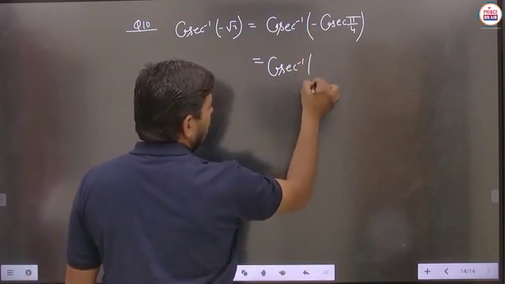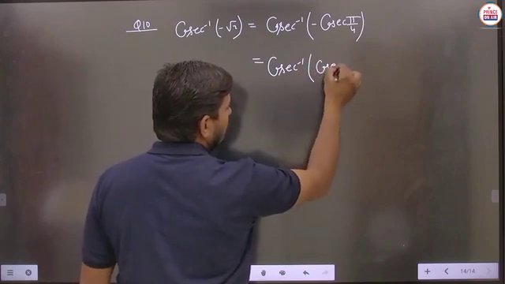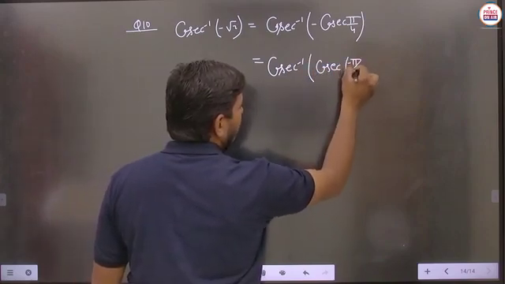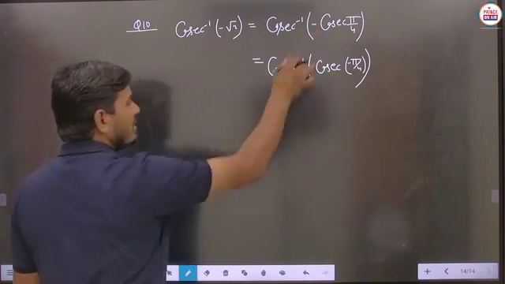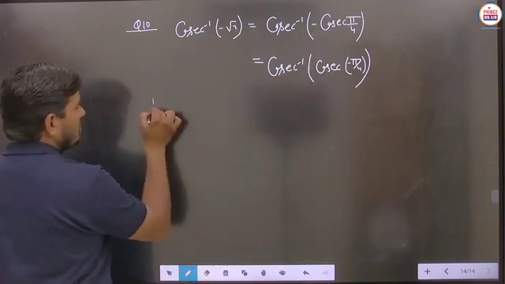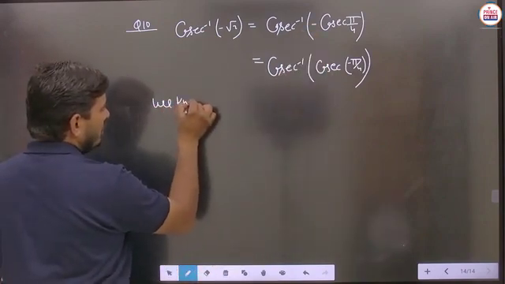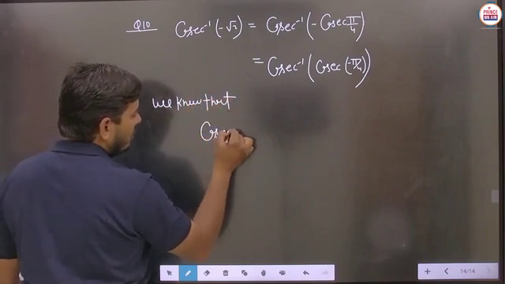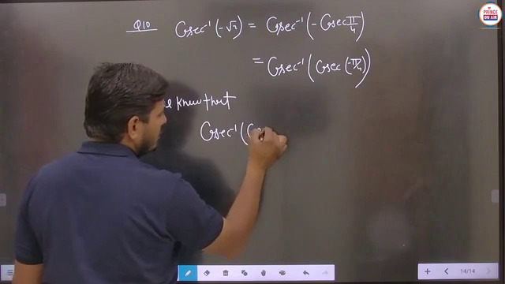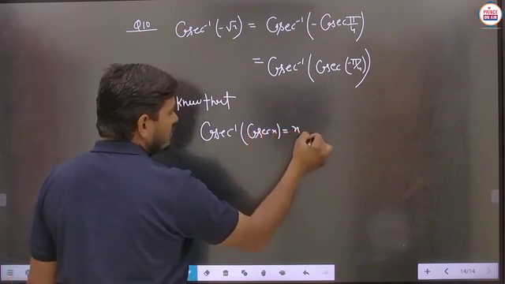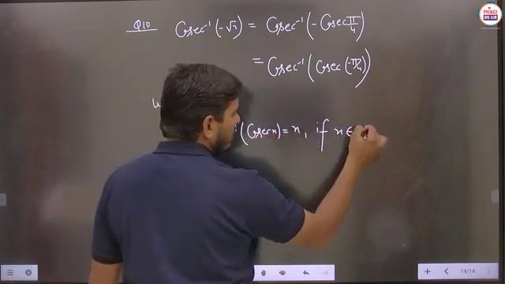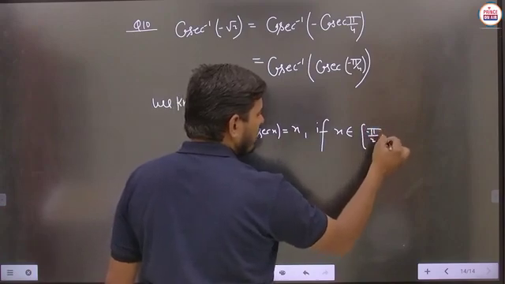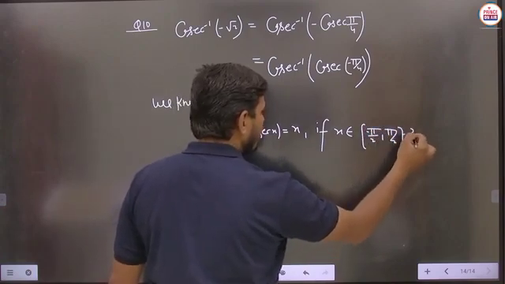So it will be written as cosec inverse of cosec of minus pi by 4. Now about the property: we know that cosec inverse of cosec x will be written as x if this x belongs to minus pi by 2 to plus pi by 2 except 0.